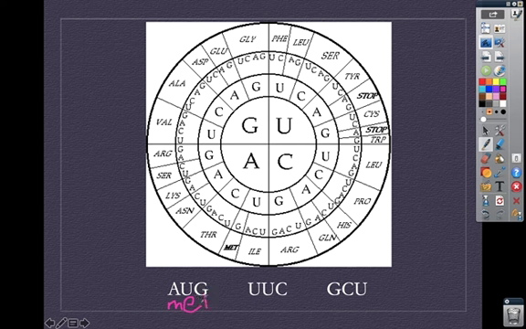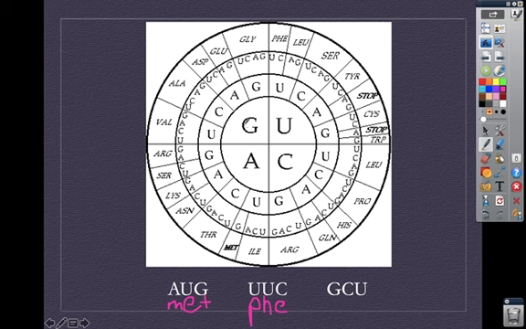Our next one is UUC. So we go UUC. Again, just reading it from the inside out. So UUC codes for PHE. And remember, the outer ring has the abbreviation for the amino acid, which that one is called phenylalanine. And then we have GCU.